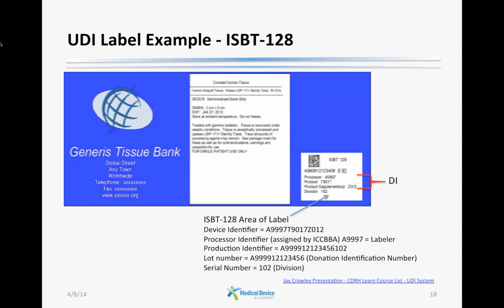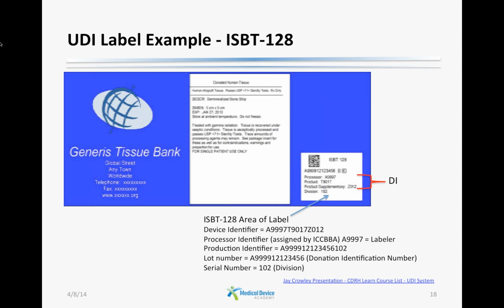The ISBT 128 label will be primarily used for tracking tissue products that are regulated as devices. You can see the structure of the ISBT 128. The production identifier has a donation identification number used as the lot number and a division number used as the serial number.